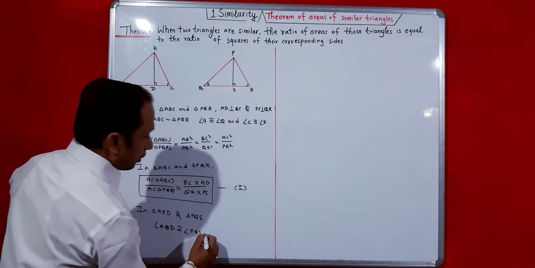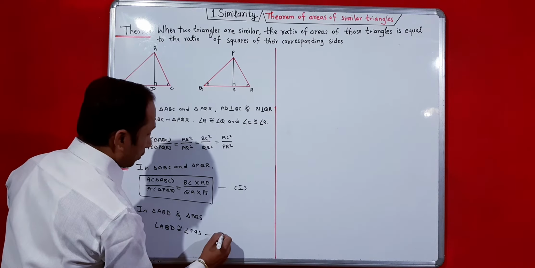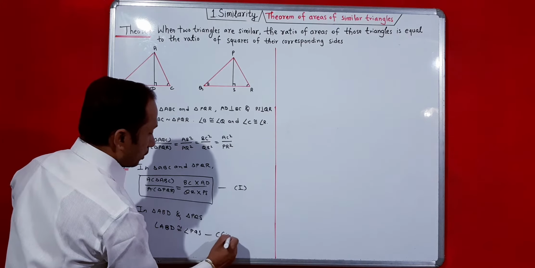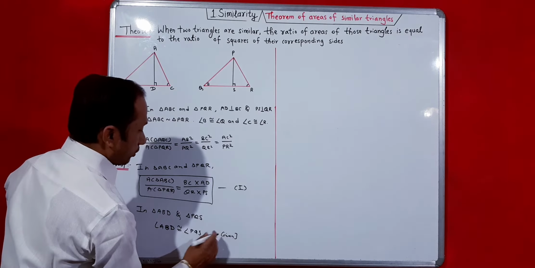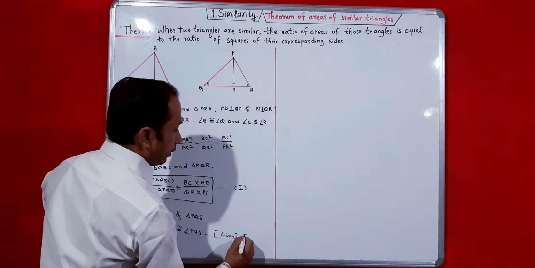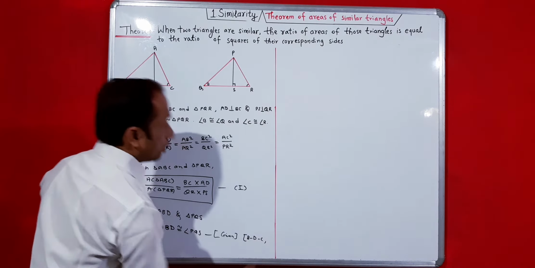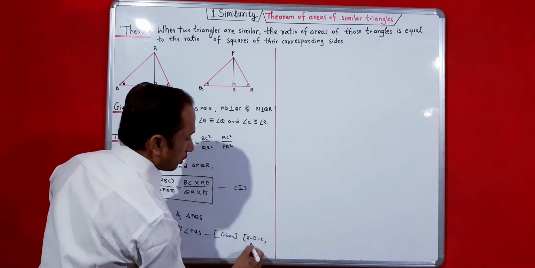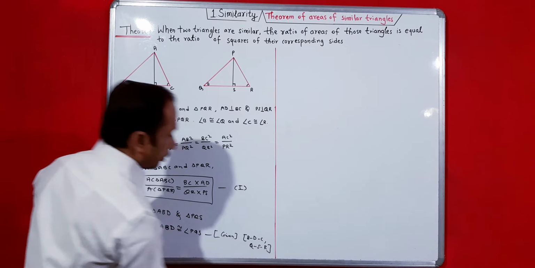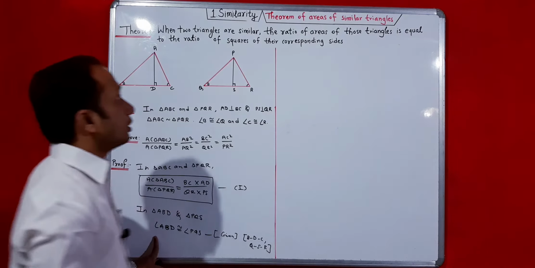This is suppose second; this is given actually. If you want to write a reason, you can write that BDC and QSR are on the same line. So the first condition is given.